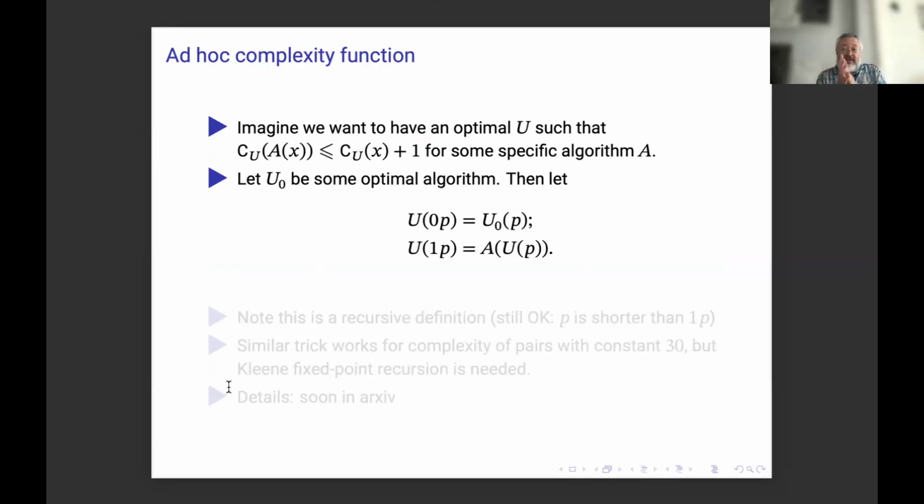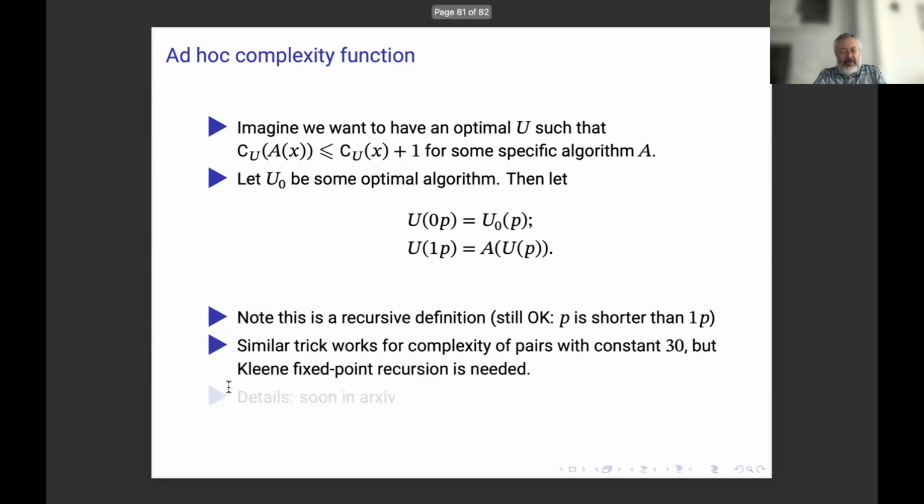So for a string starting with 0, we have the previous one, and for a string starting with 1, we have this additional application of our specific algorithm. It's still a recursive definition, but it's okay. And we need the same trick, but in a more difficult case with a fixed point, for the complexity of pairs. But this is another story.